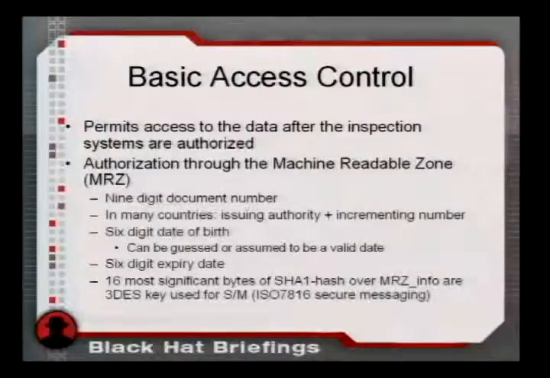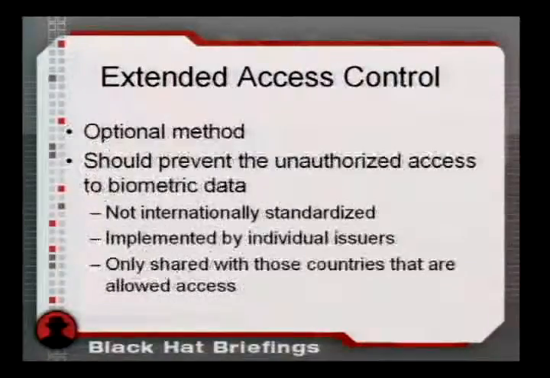By the way, who gave his document number at the check-in at Caesars Palace? You can imagine what's possible. Now, someone breaks into the computer at Caesars, gets all the document numbers, and can now easily brute force your machine-readable travel document. We also have a method called extended access control.